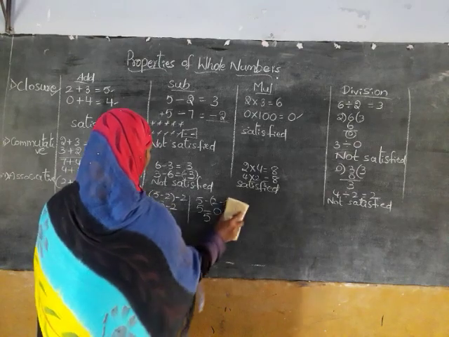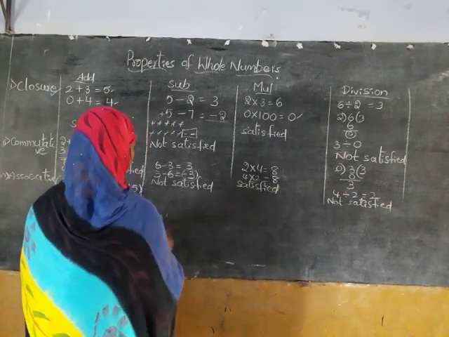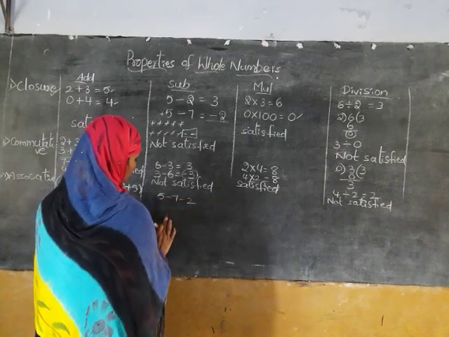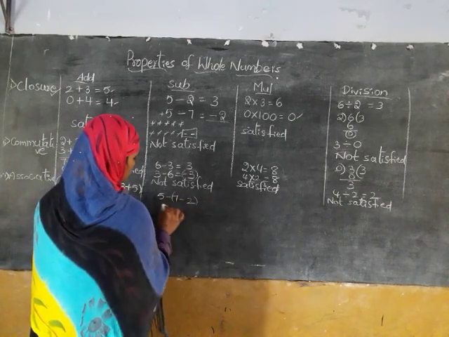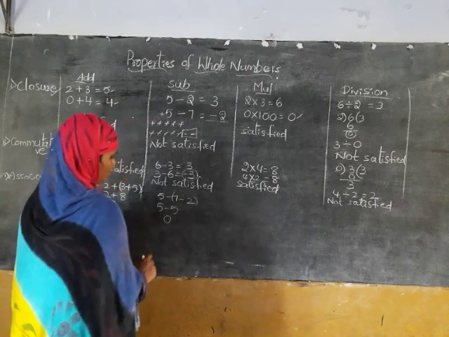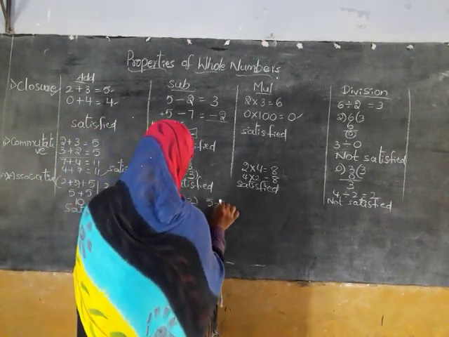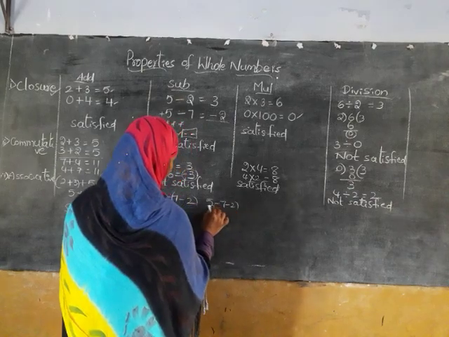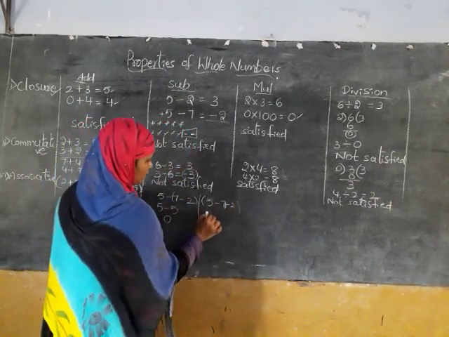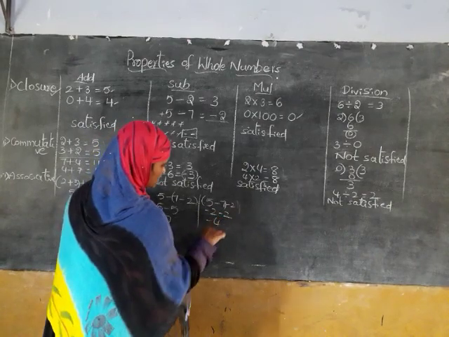Take one more example. 5 minus 7 minus 2. Solving the first brackets, 5 minus 7 minus 2.